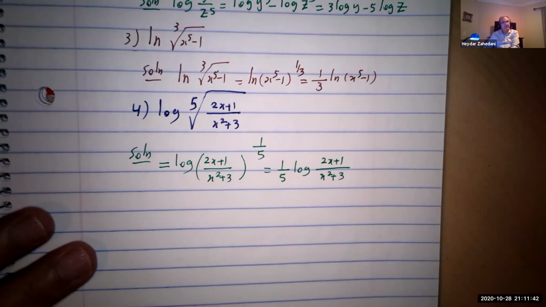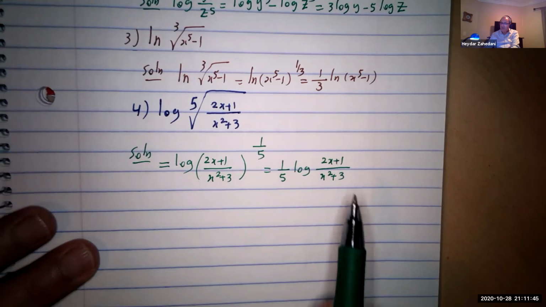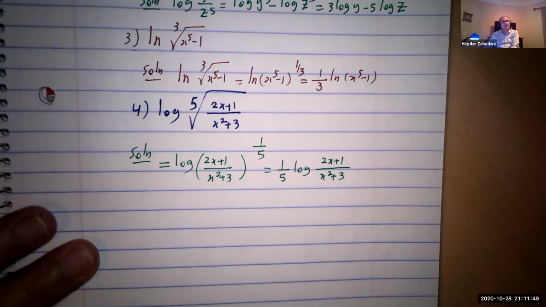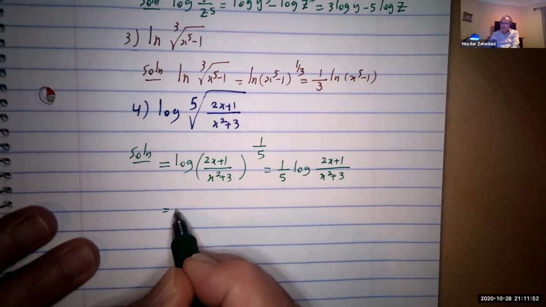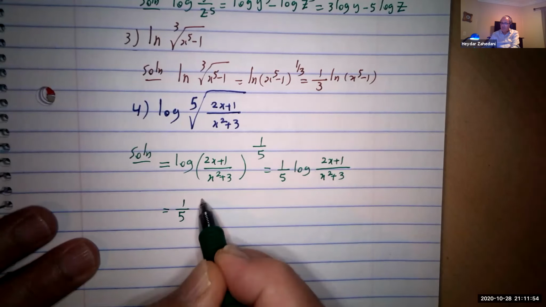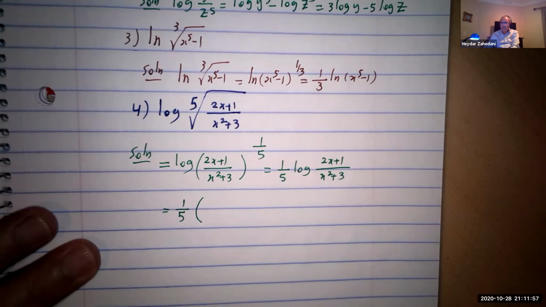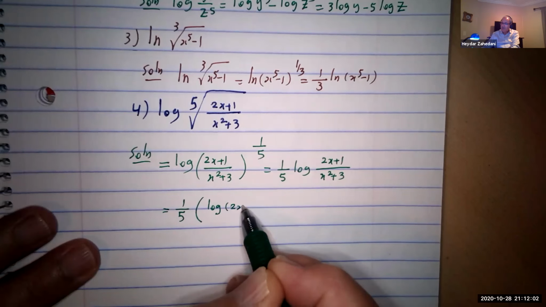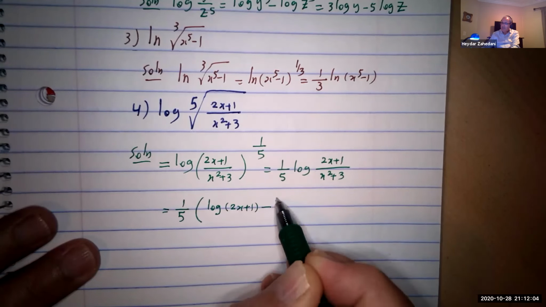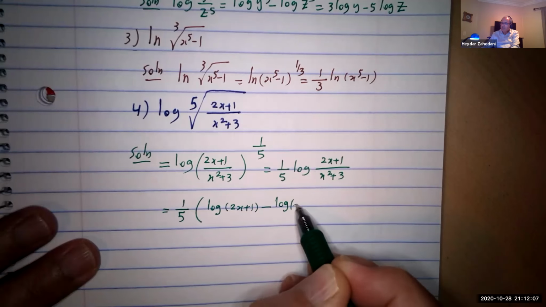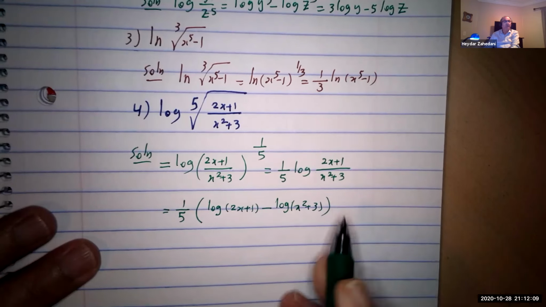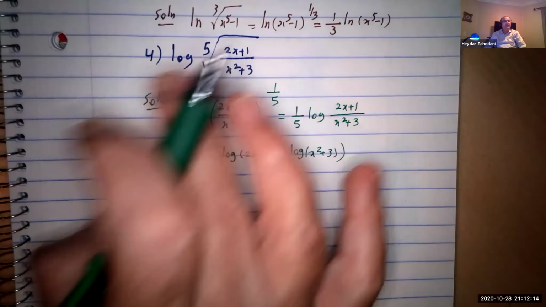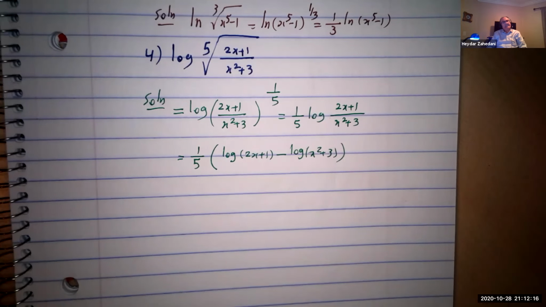You see, but you're not done because you have a log of a quotient. Log of a quotient, you change it into the difference. So it's going to be one fifth, you need to open up a parenthesis. It's going to be log of the top, 2x plus 1, minus log of the bottom, x squared plus 3. You see, now you're done. And this is so easy to work with, rather than that complicated one.